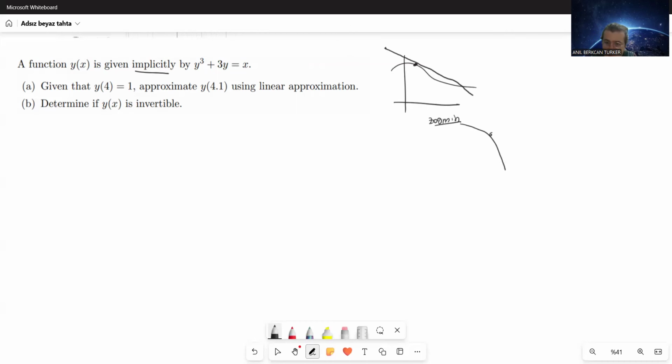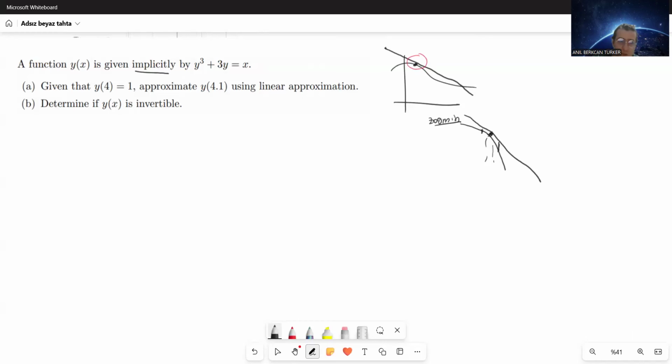So this part is like this. It is a zoomed version. As you can see, when you are very close to this point, your points are very near to this tangent line. So instead of calculating the exact point, you can as well calculate the points on this tangent line. This is basically the brief history of linear approximation.